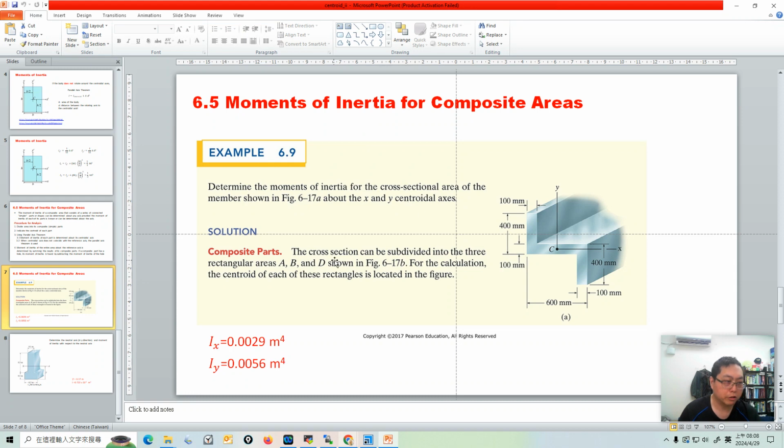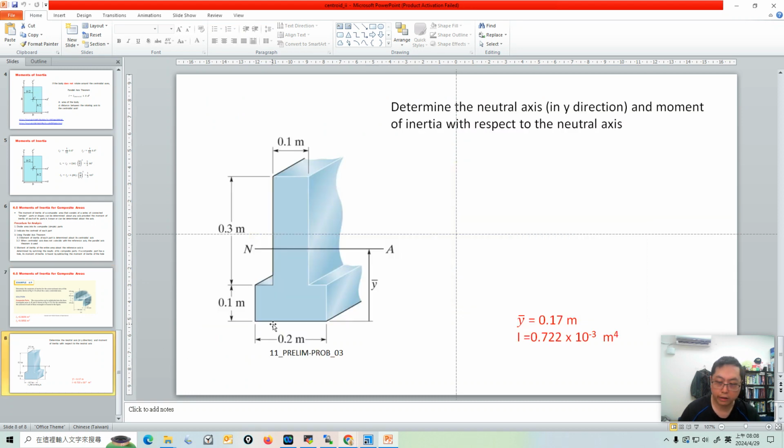But in this example, especially in beam stress calculation, you need to calculate the neutral axis before you calculate the moment of inertia.